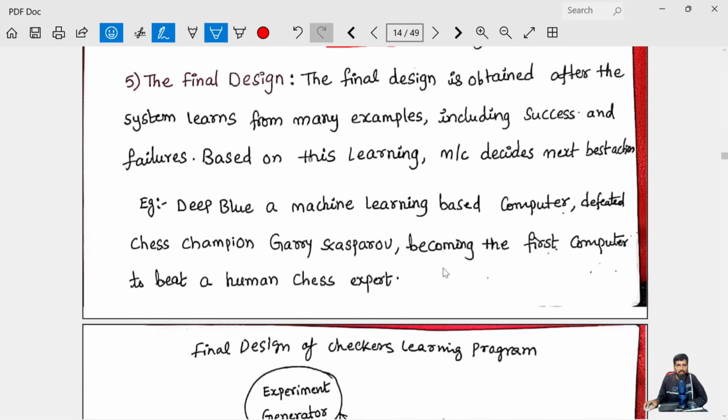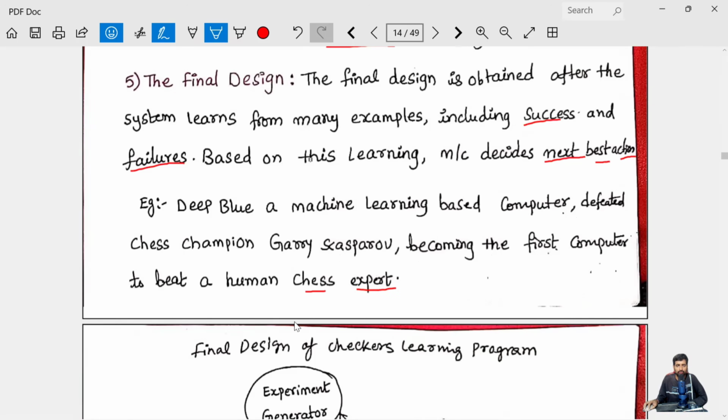The last one is called final design. The final design is obtained after the system learns from many examples, including successes and failures. So you may get success or failure, and based on this learning, the machine decides the next best action. For example, Deep Blue, a machine learning based computer, defeated chess champion Gary Kasparov, becoming the first computer to beat a human chess expert.